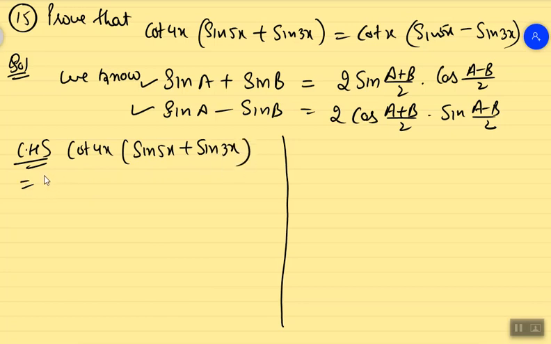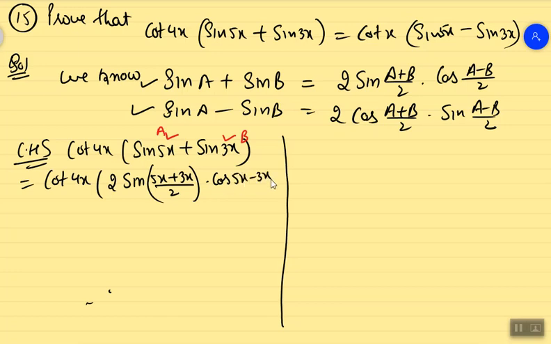Now cot can be written as cot x. Sin A, this is A and this is B. 2 sin (5x plus 3x) by 2 into cos (5x minus 3x) by 2.